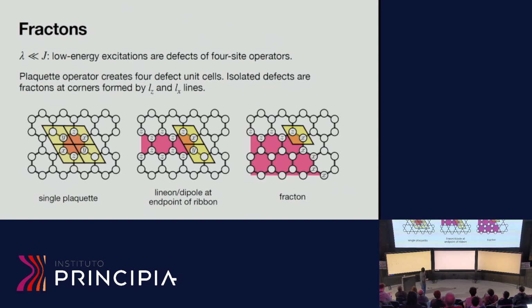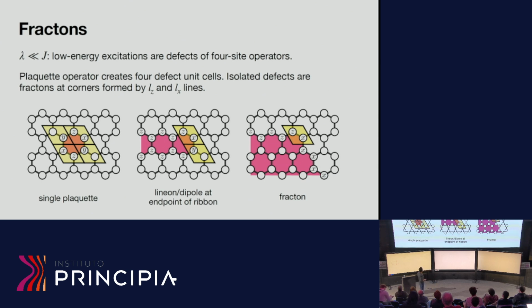In this case, I apply a single plaquette operator again, and I'm coloring in yellow this region, like a unit cell of the honeycomb lattice, that contains some four-site links where the center contains some terms that violate the constraints from this perturbation.